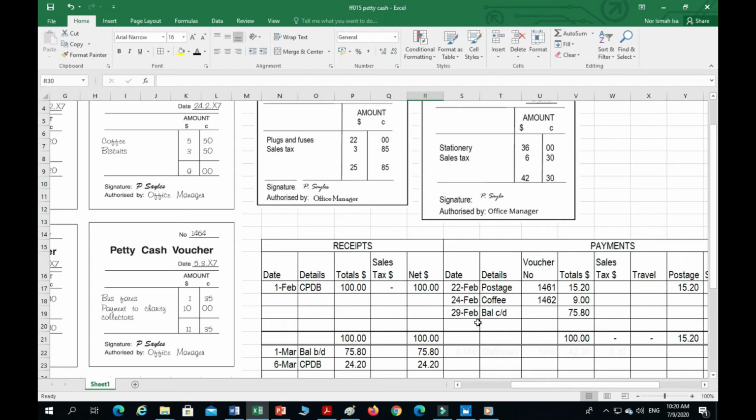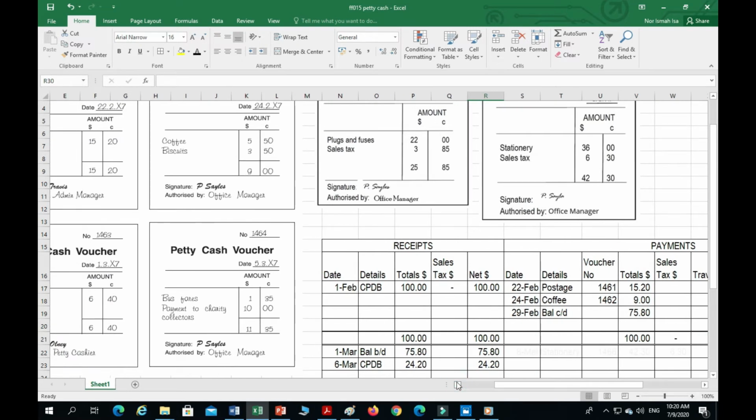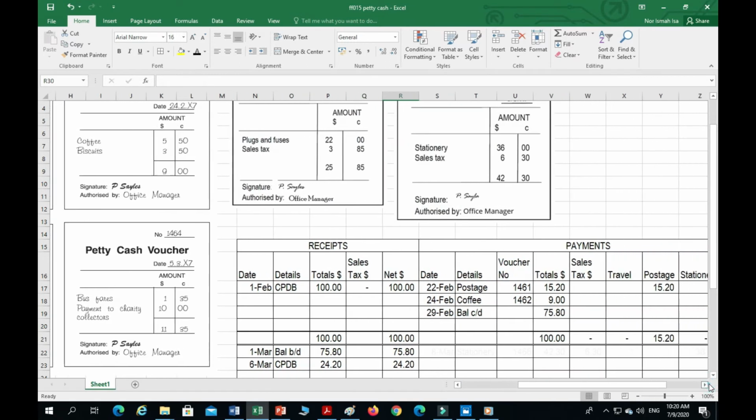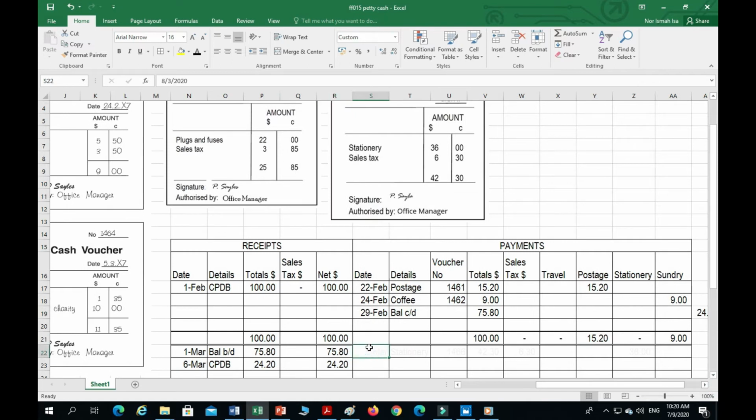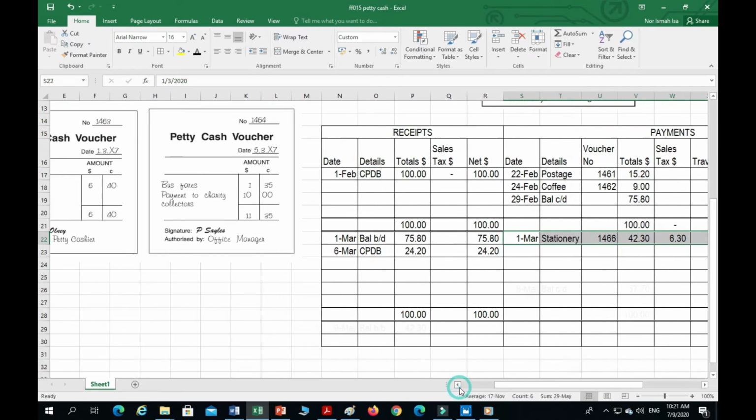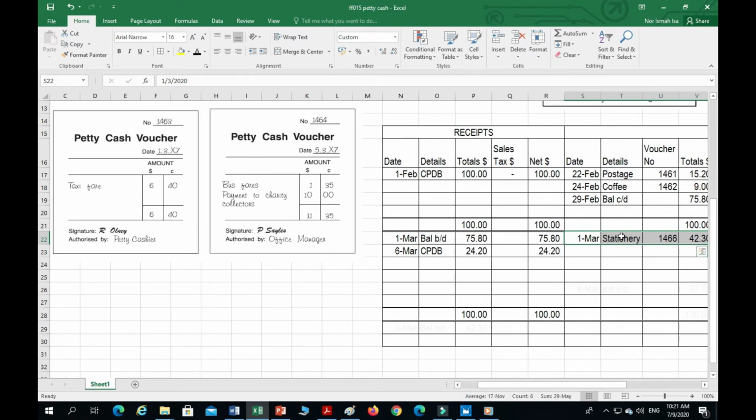The first one is on 1st March, which is a taxi fare. So 1 March is a taxi fare, so this is wrong for stationery, so we put it as taxi fare.